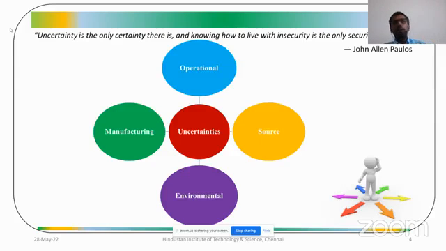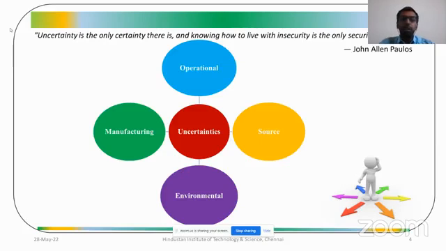Source uncertainty belongs to the material as well as geometric uncertainty. Operational uncertainty is the uncertainty associated with the operation of a particular component or machine element. Manufacturing uncertainty is inherited during the manufacturing of the particular machine element or component.